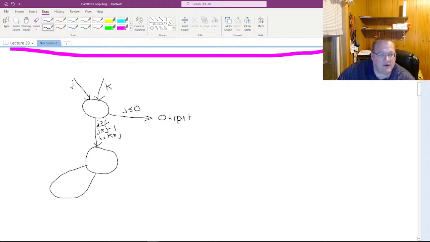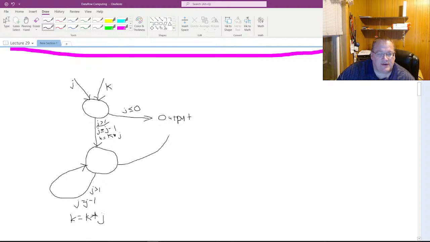like this, and we'll say if j is greater than 1, do this. j equals j minus 1, and k equals k times j.